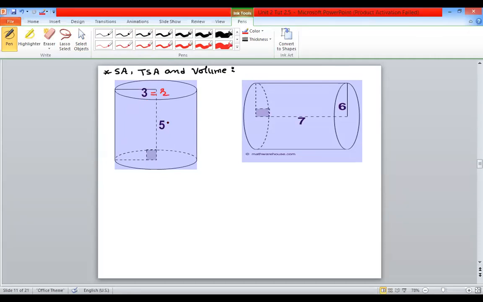The height is represented by h. Both quantities are not known yet, but I'm giving them: it's 3 centimeter and 6 centimeter. Similarly, it's 3 centimeter and 5 centimeter.